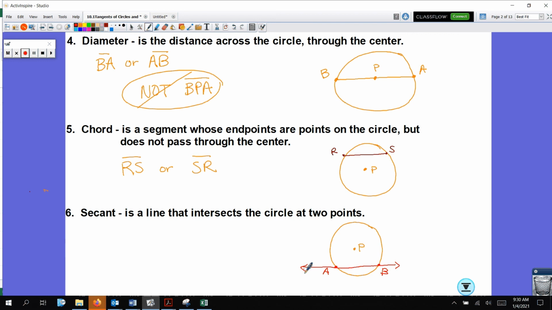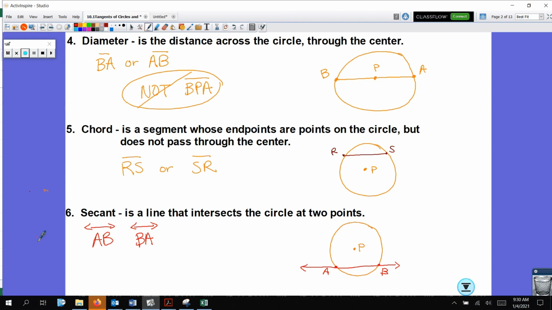It's very similar to a chord, only when we name it, you want to be sure that it is a line, with arrows on both ends. That is a secant. A secant is a line, a chord is a segment. That's the only difference between the two.